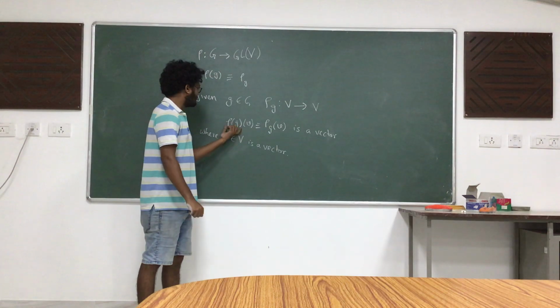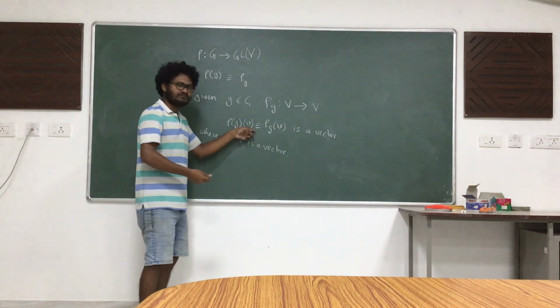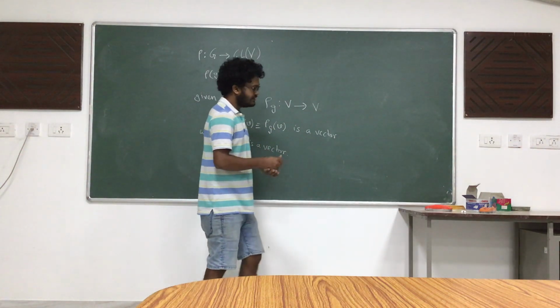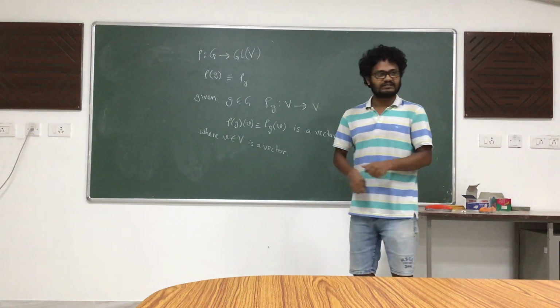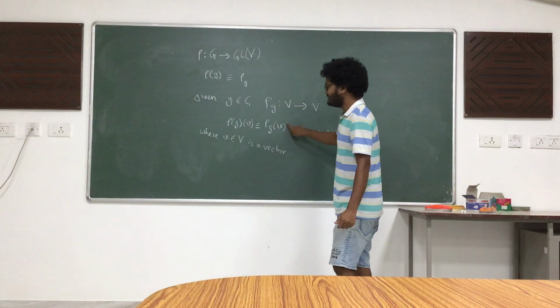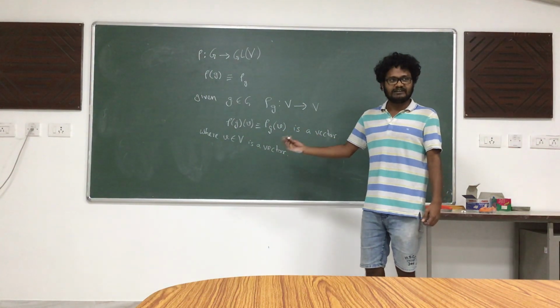So rho g, which is a linear transformation, acts on a vector. In the general case, as we also saw with matrices, we generally don't write the parenthesis for a linear transformation.